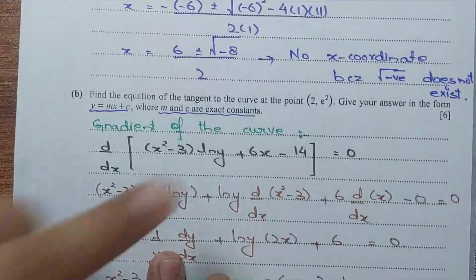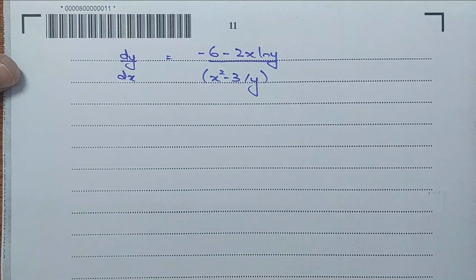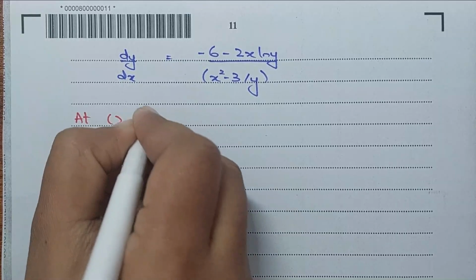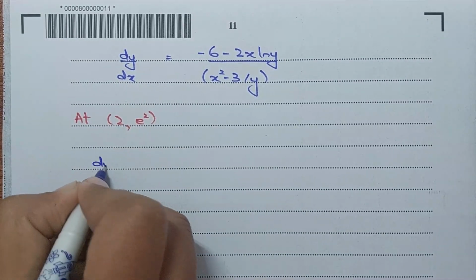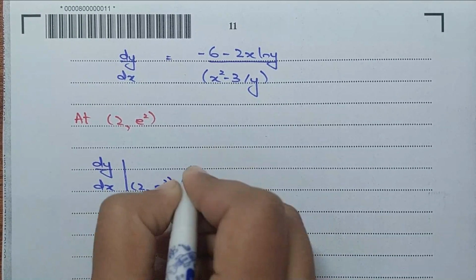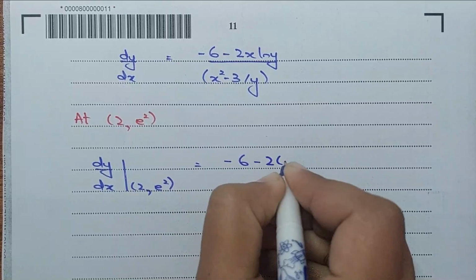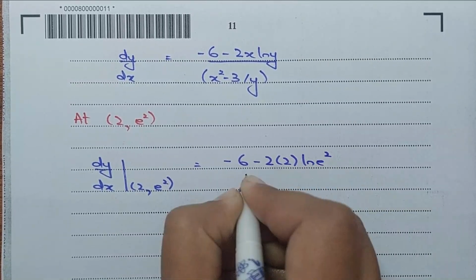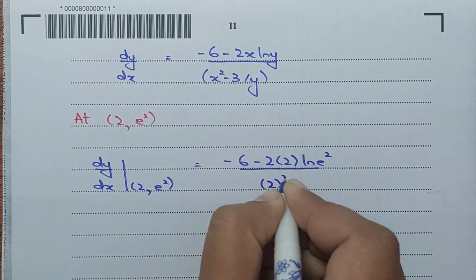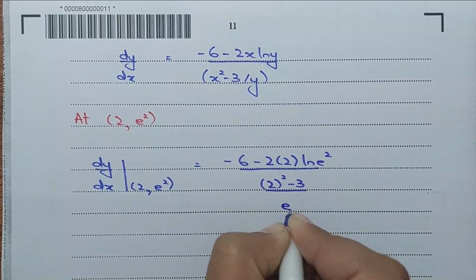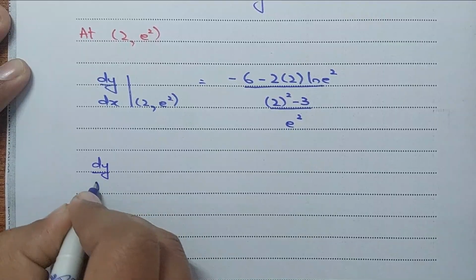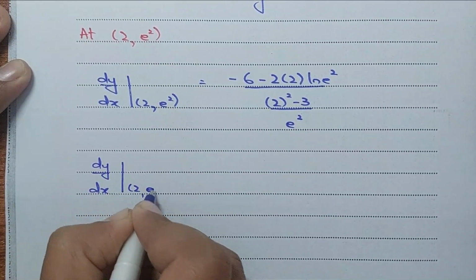Now we need to figure out the gradient at the point (2, e²), right? So at the point where the x coordinate is 2 and the y coordinate is e², dy/dx equals minus 6 minus 2 times 2 times ln e², the whole divided by (2² minus 3) over e².